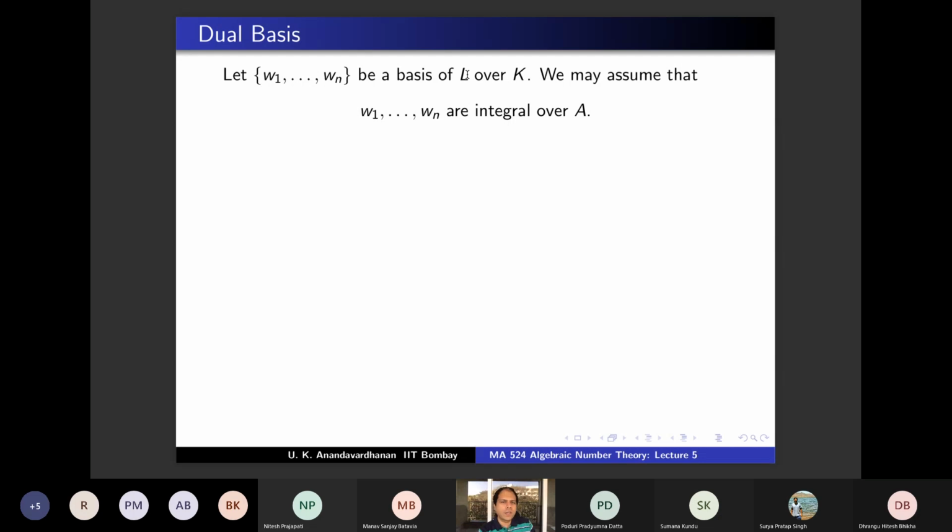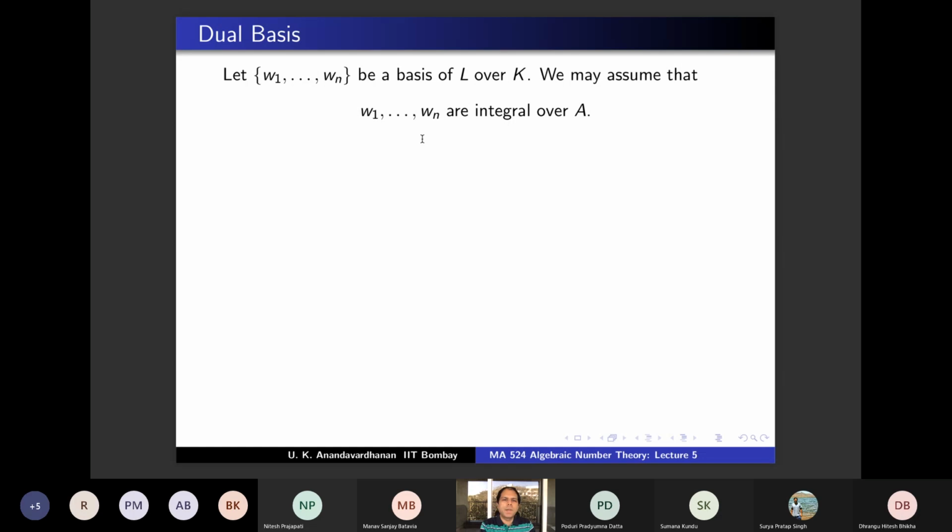So why are these integral? Do you agree that if I take one element, I can make it integral by multiplying appropriately, like clearing the denominator? That's what we proved at the start. If you have an algebraic element, then you can multiply it with a non-zero element from A so that it is integral.